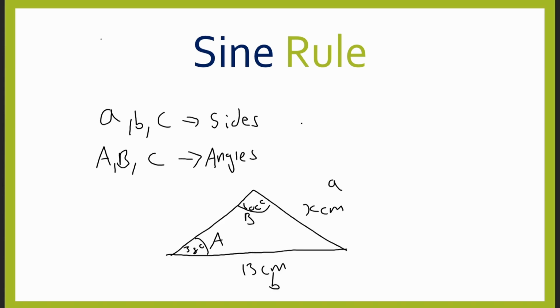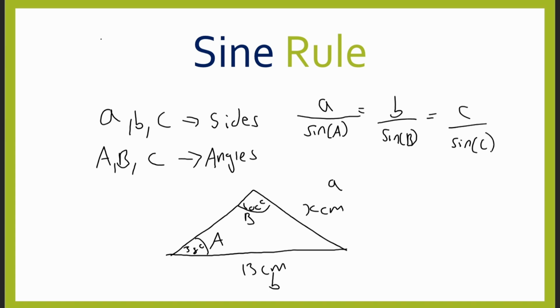Okay, now the rule says a over sine A equals b over sine B equals c over sine C. So in this case, your a is your x, which is what you're trying to work out, over sine of 38 equals b, 13, over sine of 100.